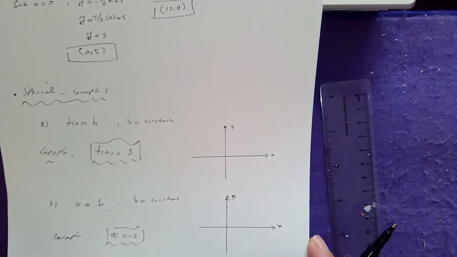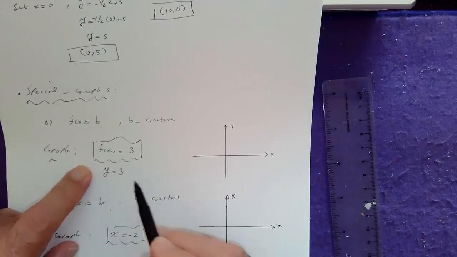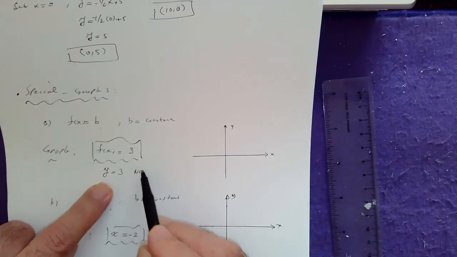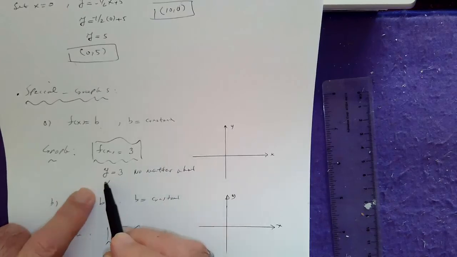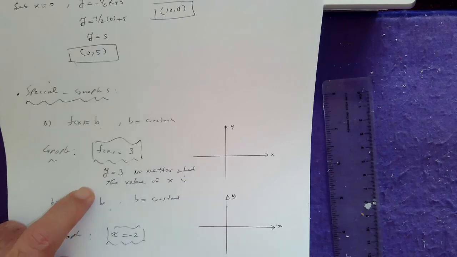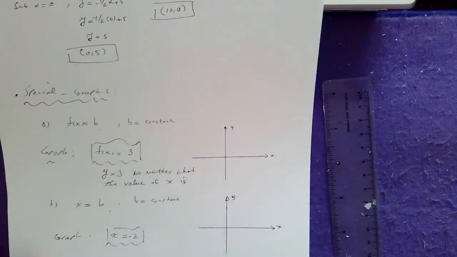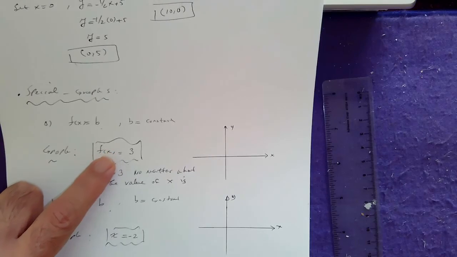Well, it turns out when you say f of x is equal to 3, what you're saying is y is equal to 3, no matter what the value of x is. In other words, x can be any real number, but rain or shine, y stays at 3.